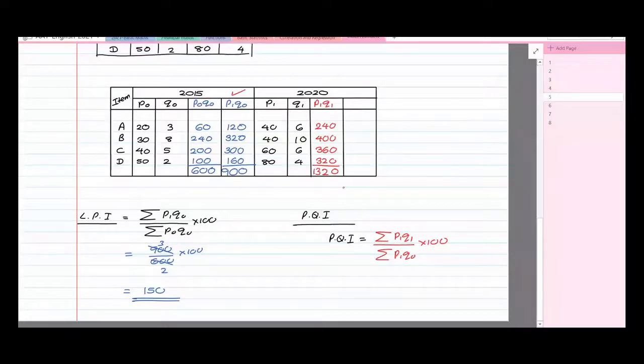Now you put them into the formula. Sigma P1 Q1 is 1320 divided by 900 into 100. What's the answer? 146.67.